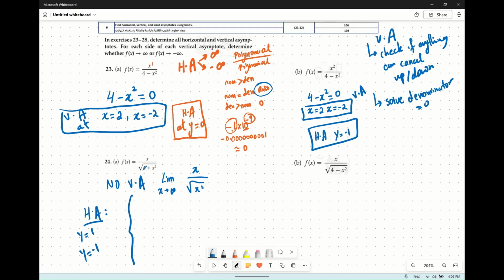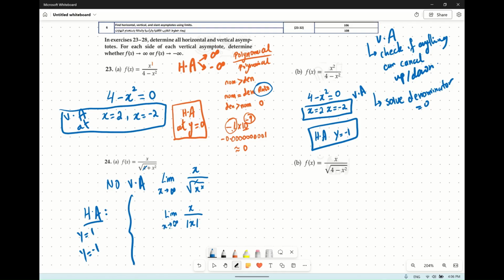Now, the x squared can go outside the root. When it goes outside the root, it will go outside in absolute value. So the root and the 2, they cancel, but when it gets cancelled, it will be inside an absolute value.